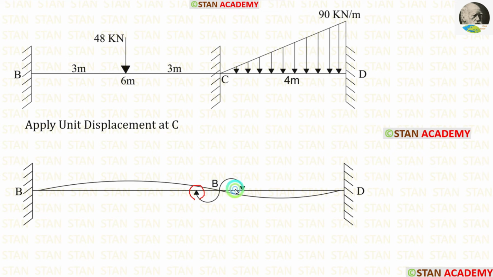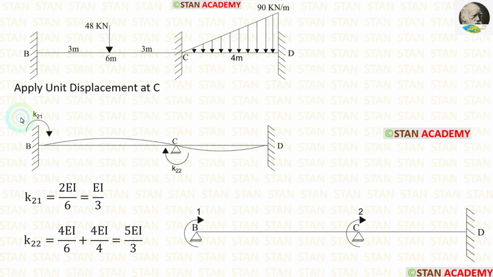Then we have to see the direction of the arrows. This arrow indicates upwards, so the curve comes above the span. This arrow indicates downwards, so the curve comes below the span. Now let us calculate the stiffness values.